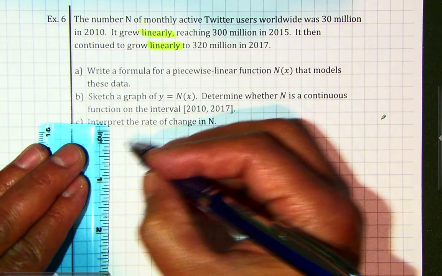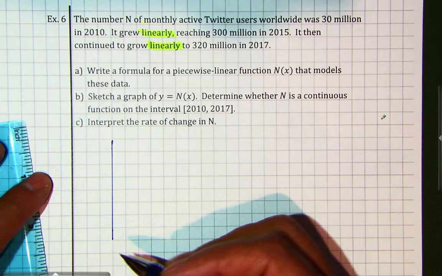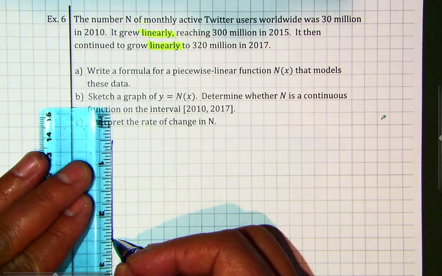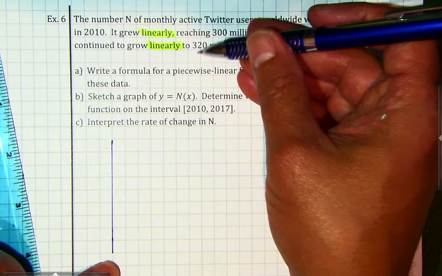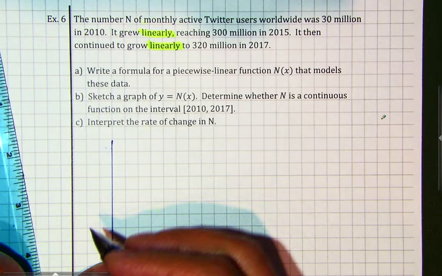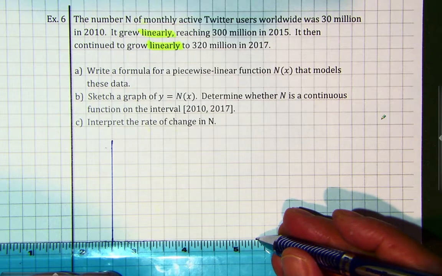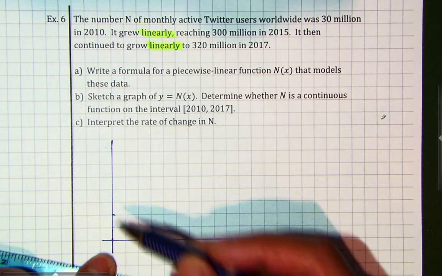So for the y-axis, how big of a scale do we want to use? Do we want to go by 10 million? But we're going to have to get to 320. So let's go by every 2, which will be 100.